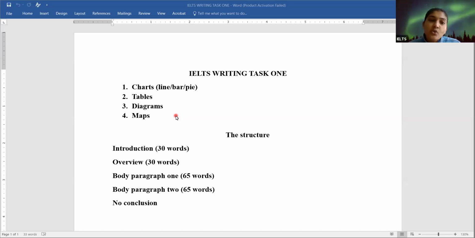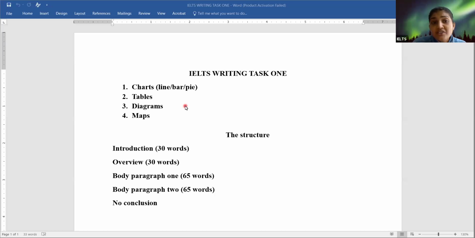Sometimes there may be 2 figures, just like a table and a chart, a map and a table, a diagram and a table likewise. So it depends on the question you receive. So we have to study well the way of writing illustrations on IELTS writing task 1, and you could get through it well.